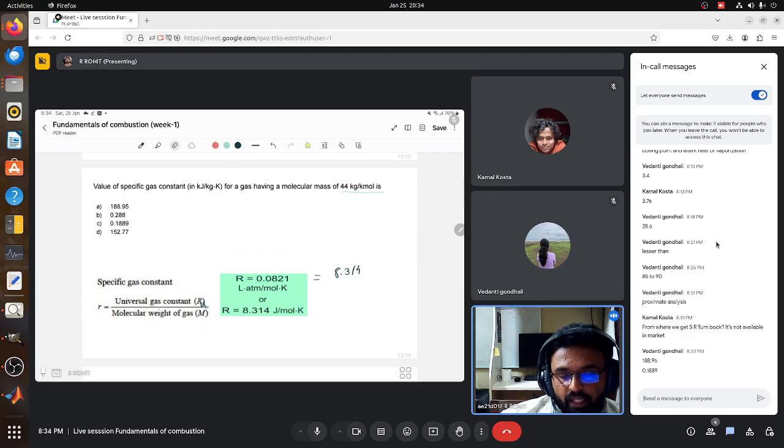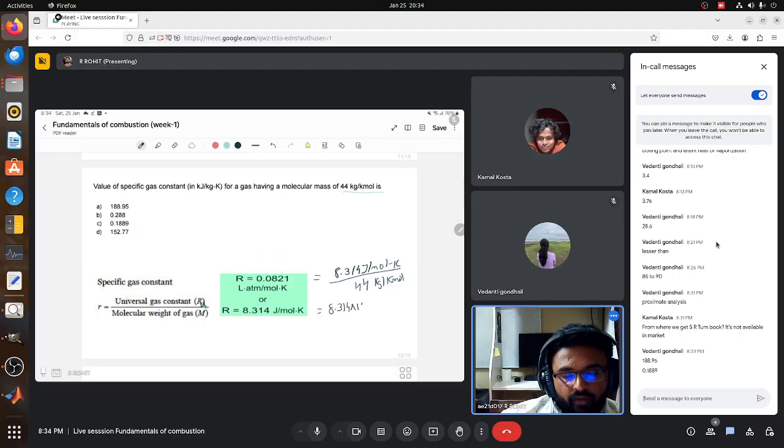But since it is asked in kilojoule per kilogram Kelvin, you can directly write 8.314 joule per mole Kelvin divided by the molecular weight of the gas. It is given as 44 kilogram per kilomole. So here you have a kilomole at the bottom.